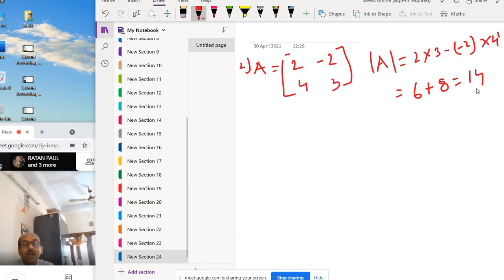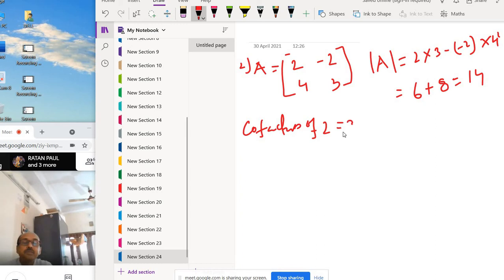Okay. Now find all its cofactors. So first, cofactor of 2 equal to, deleting corresponding row and column, so element 3 is left.